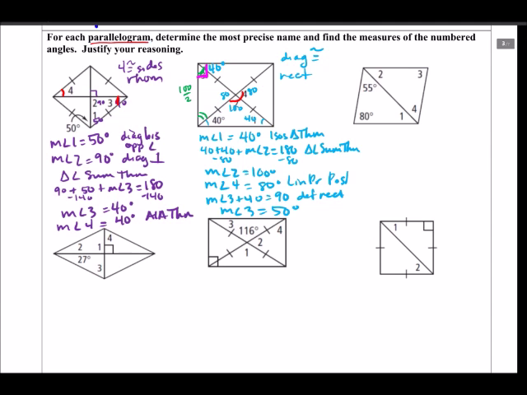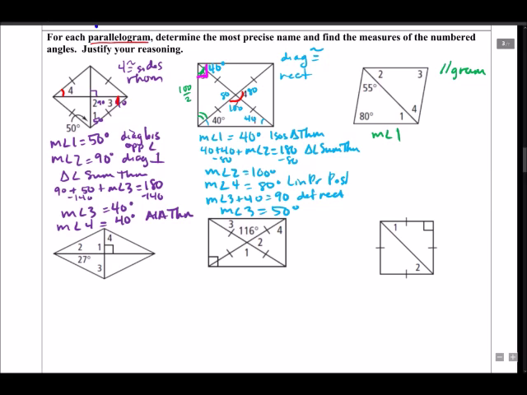Okay, what do we have going on here? We have nothing. So what's that going to do for us? This is simply a parallelogram. So how am I going to find the measure of angle 1?